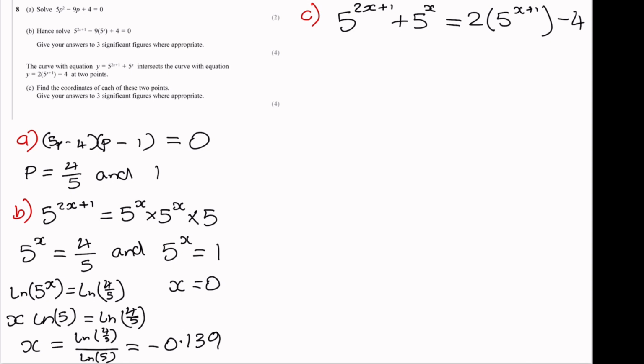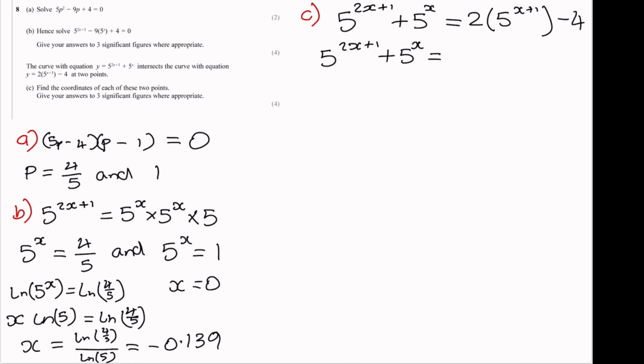Now it looks fairly similar to part B. We've got the 2x plus 1 term, and we've got 5 to the power of x, but on this side we've got 5 to the power of x plus 1. So if we change the right hand side, we'll leave the left hand side the same, plus 5 to the power of x equal, well, 5 to the power of x plus 1 is equal to 5 to the power of x times 5.